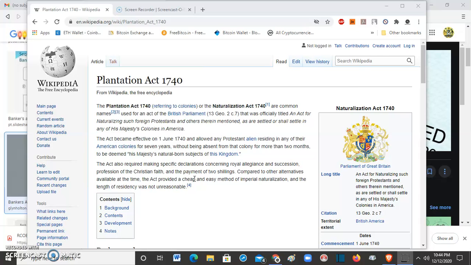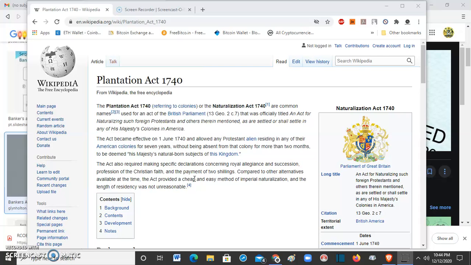Why I say it's very interesting is because this is prior to the so-called Revolutionary War, the American Revolutionary War. The whole entire area was once known as British America, comprising the North American mainland and the West Indies.